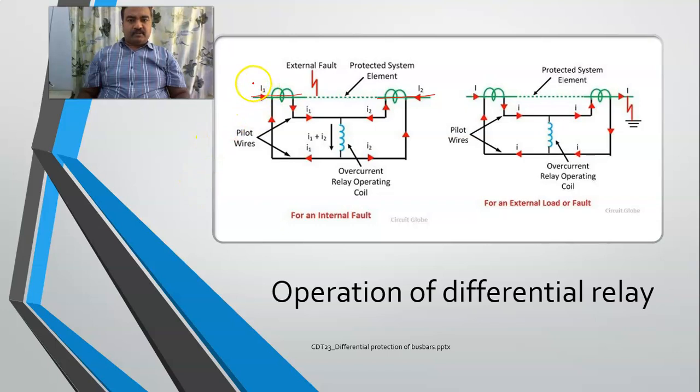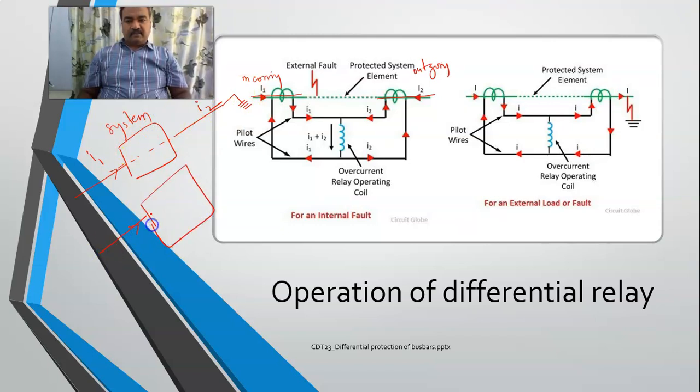Normally, if the system is in this way, the I1 and I2 directions will be like this, right? If there is a fault outside which is not related to this system, then I1 and I2 directions will be in this way. Now if the fault happens in between these two, then what happens? The current will be, see, this is your fault.